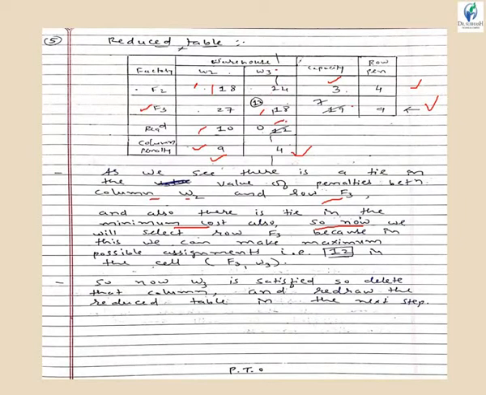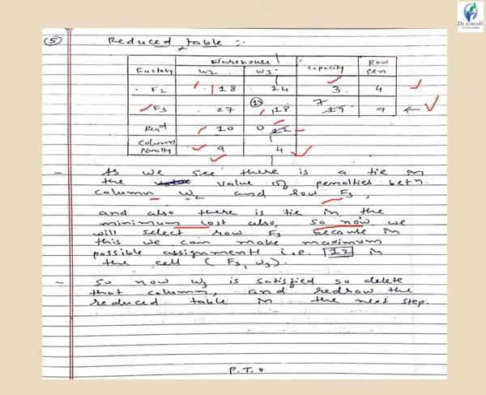Here the requirement of W3 was 12, and the capacity was 19. So from 19 and 12 the minimum value is 12. Now which to select for doing the allocation? As you saw, in this W2 column the maximum allocation you can do is 3, and in case of the row, the maximum allocation is 12.